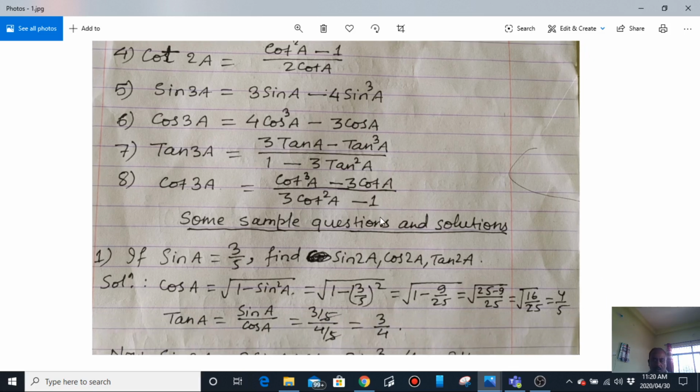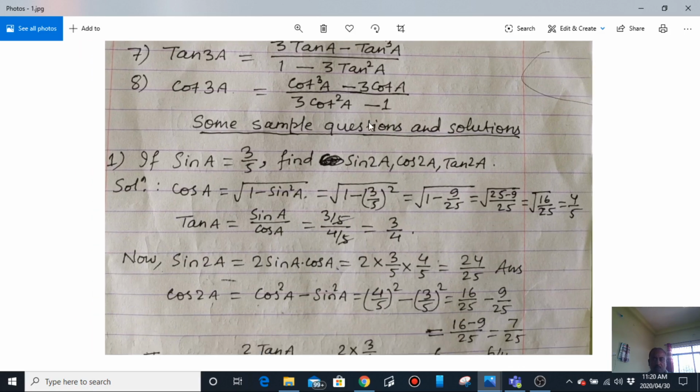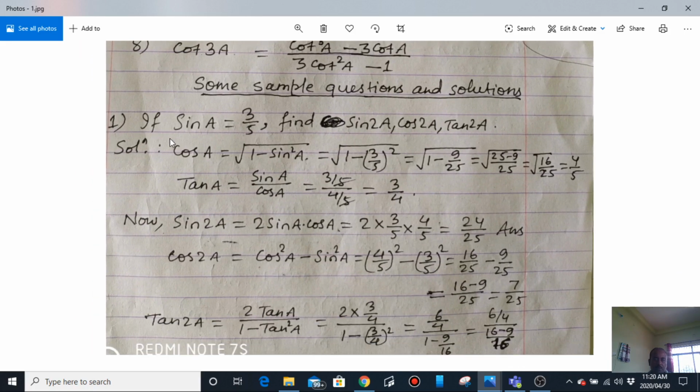Okay. So now let us see some typical questions. In the beginning, an easy one. If sin A is 3 by 5, how can you find the value of sin 2A, cos 2A and tan 2A? As a preparation, first, since sin A is given, you find cos A. You know cos A is root under 1 minus sin square A, so you will understand all this.